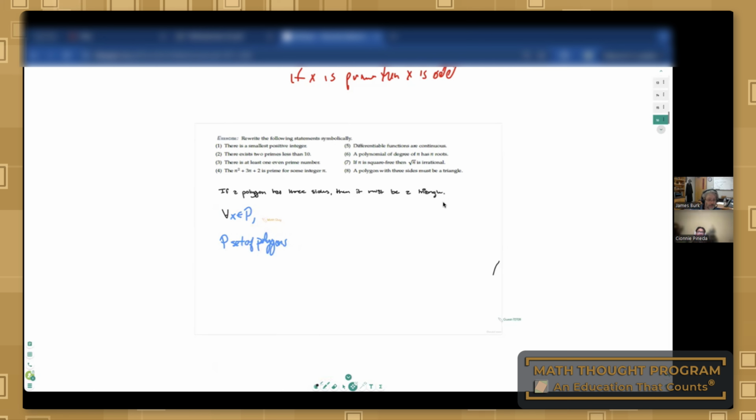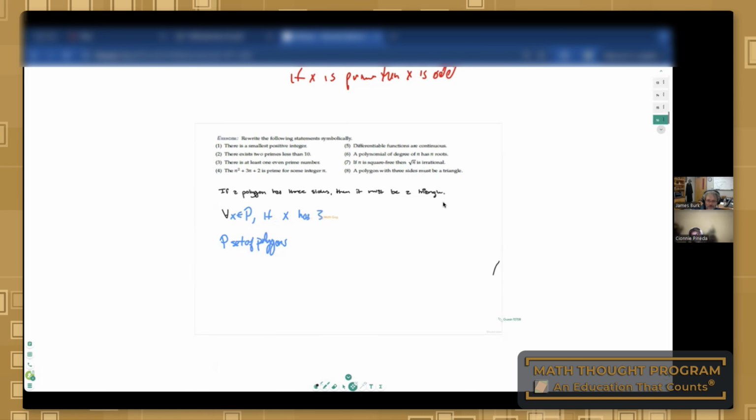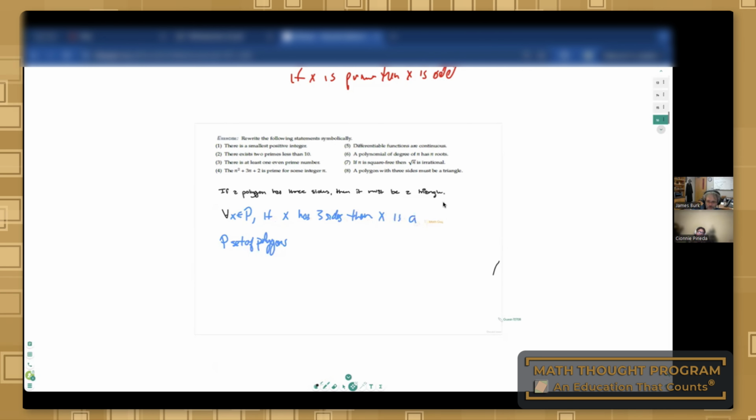No, arbitrary, not particular. But for any polygon, if the polygon X has three sides, then X is a triangle. See if that makes sense. Yeah.